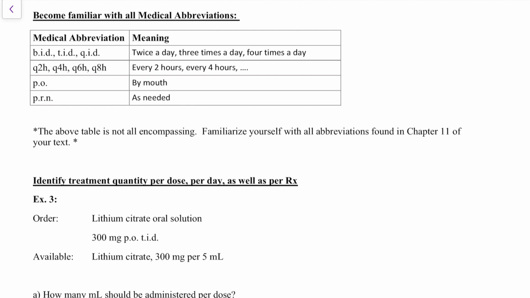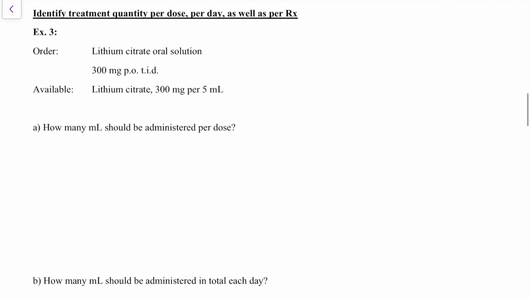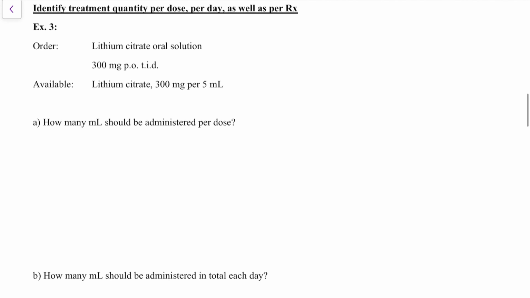Okay, so let's look at how to solve these types of calculations when we're given sort of an order, a prescription, and then looking at what is available to us. Okay, so on order, we have lithium citrate in an oral solution, meaning that's going to be like a liquid when you see solution.